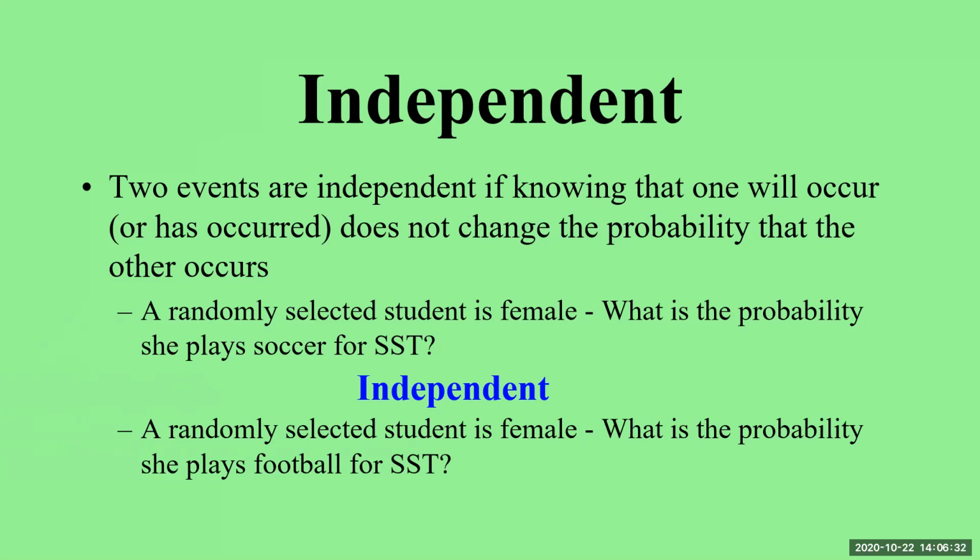Well, yes. Typically, males play football. So if I tell you that she's female, your answer to what's the probability she plays football is probably 0. So this would be not independent. The probability would change if we're saying that females are not allowed on the football field. But yes, I know many schools are changing that rule.